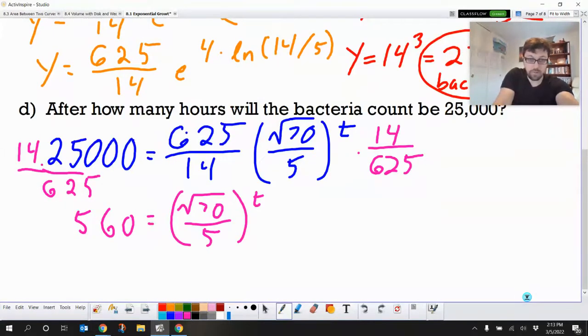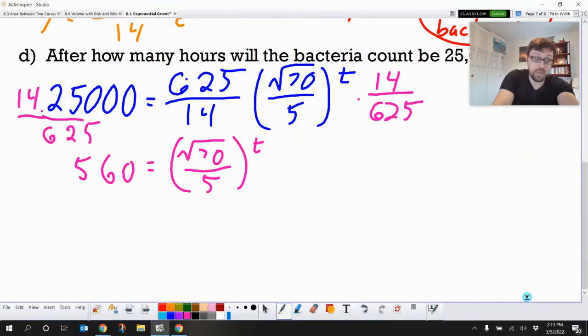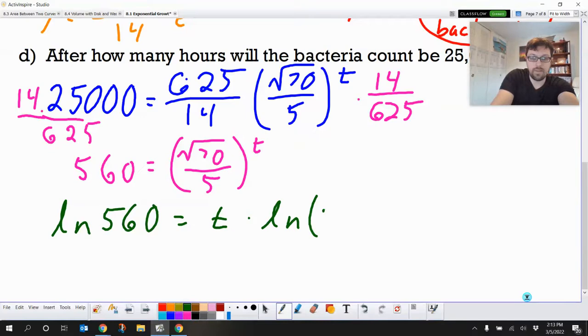Now to get that t out of the exponent, we want to take the ln of both sides. So we get the ln of 560 equals t times the ln of the square root of 70 over 5. Then you just need to divide by the ln of the square root of 70 over 5.